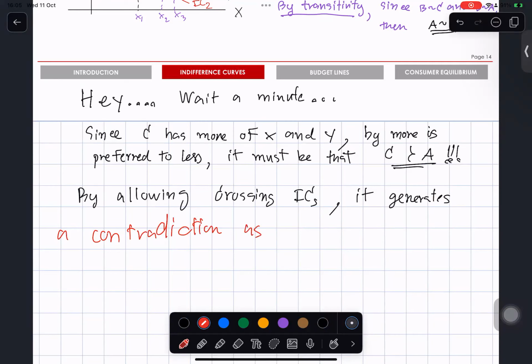Why do we call it a contradiction? Since two statements cannot be true at the same time. It's quite strange.